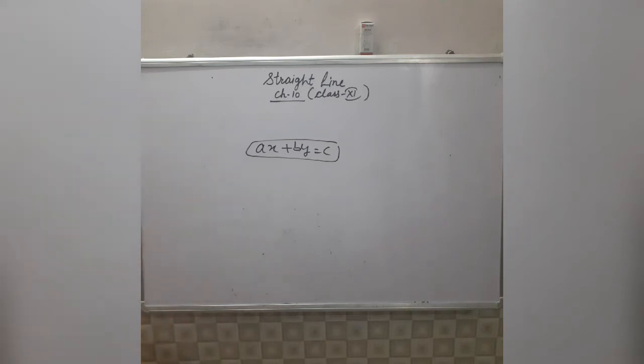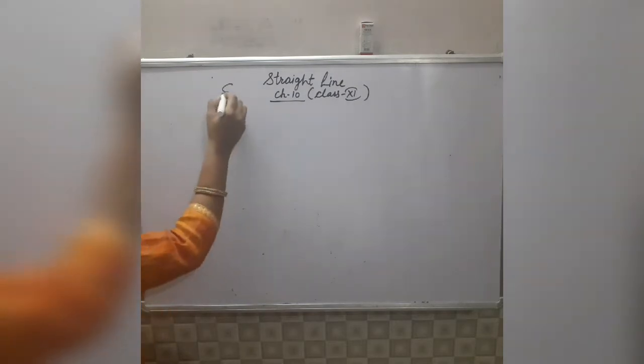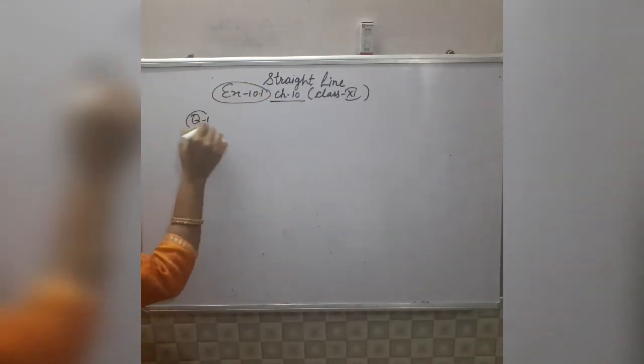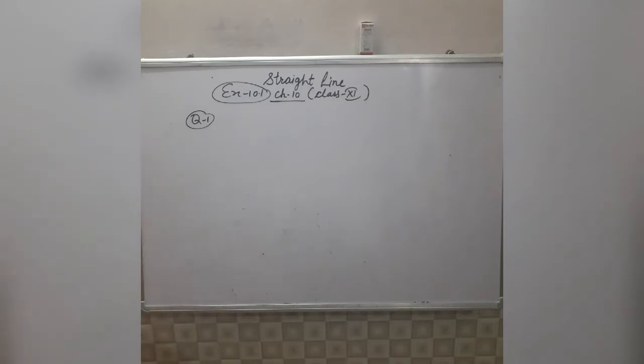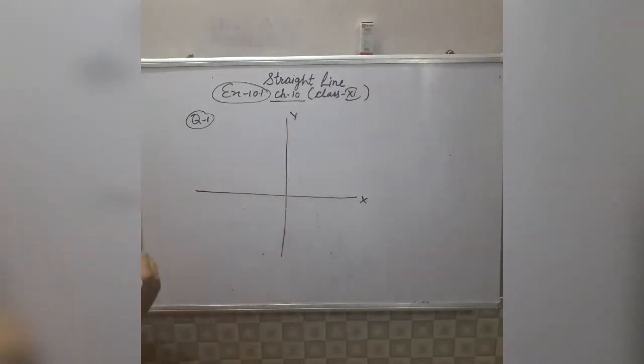So now we will start this exercise. Now see question number 1, Exercise 10.1. In the first sum it's very simple. Draw a quadrilateral in the Cartesian plane. Cartesian plane means x-axis and y-axis. This is y-axis, this is x-axis.